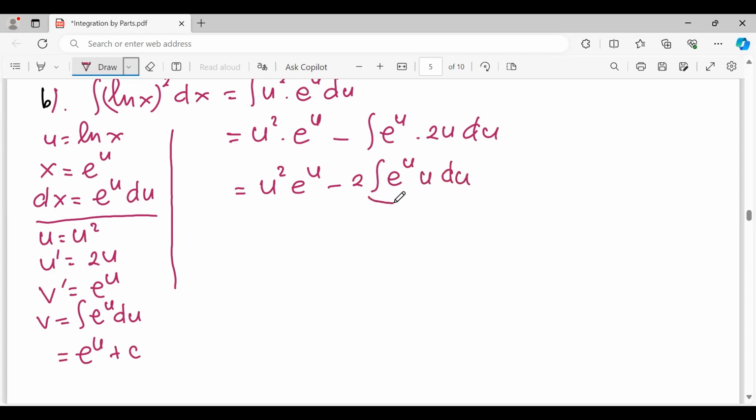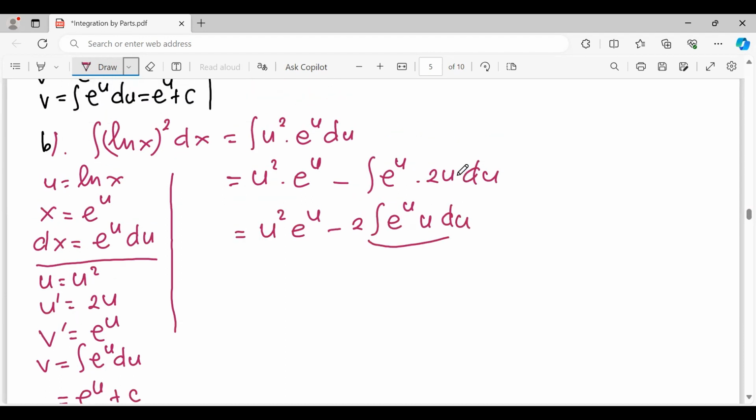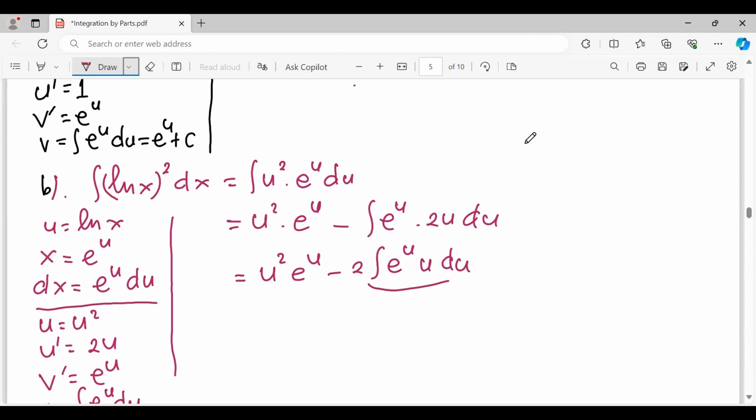Now we are going to find the second integral by parts. I'm going to use this space. u equals u, this u.